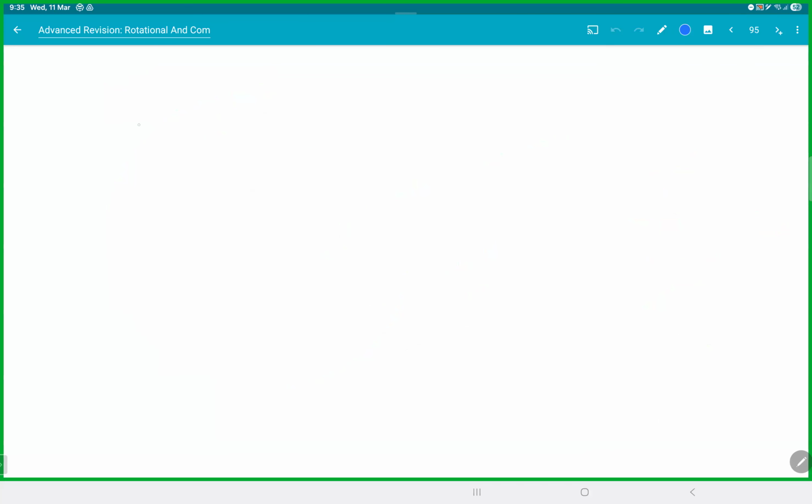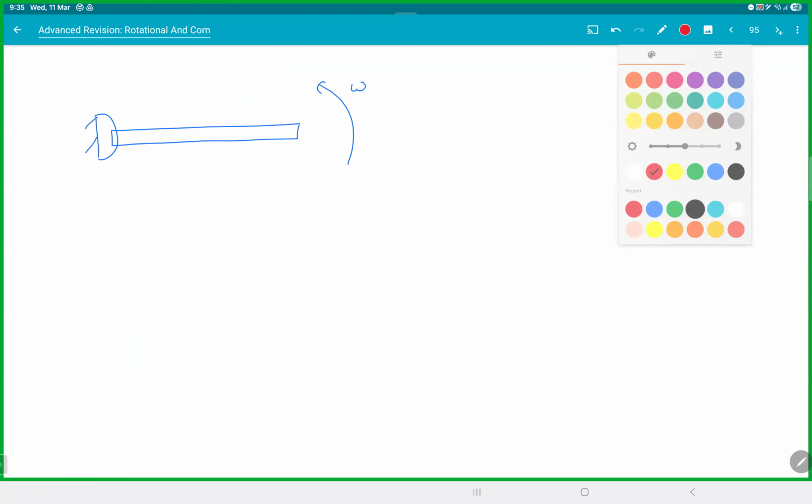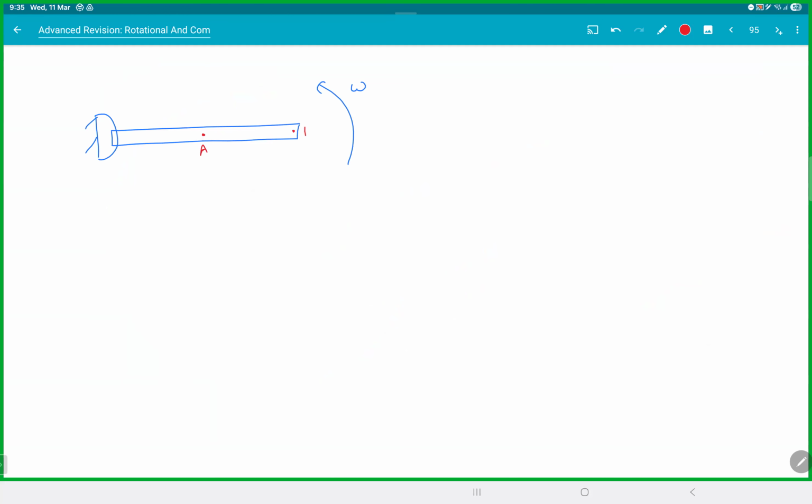So I'll just give you one homework thing you can try. Then we can talk about this in circular motion. Let's say we have a rod here which is rotating with omega. There is A here, there's B here.